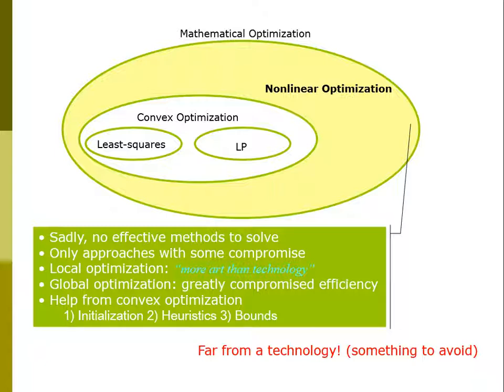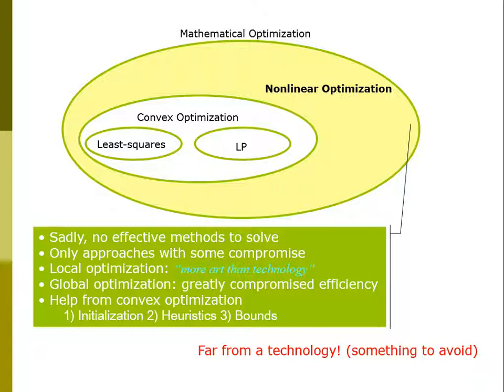Nonlinear optimization is the term used to describe optimization problems when the objective or constraint functions are not linear, but not known to be convex. However, there are no effective methods for solving the general nonlinear programming problem.